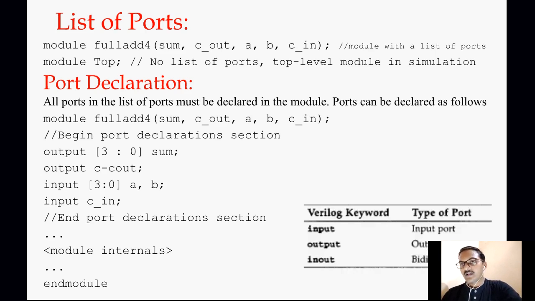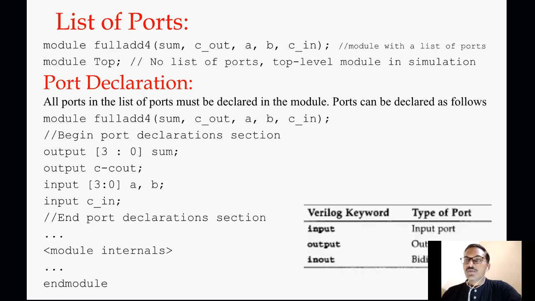You can see this table at the bottom: the Verilog keyword input is used for input port declaration, output for output port declaration, and inout for bidirectional ports. Output [3:0] sum. Here we have defined the vector variable sum, so sum will have 4 bits.